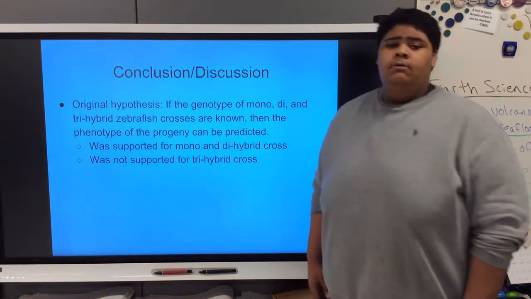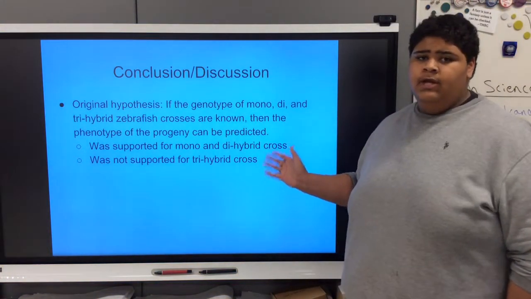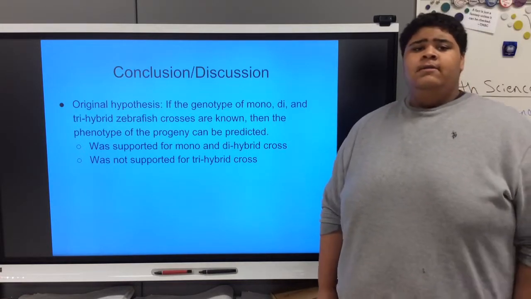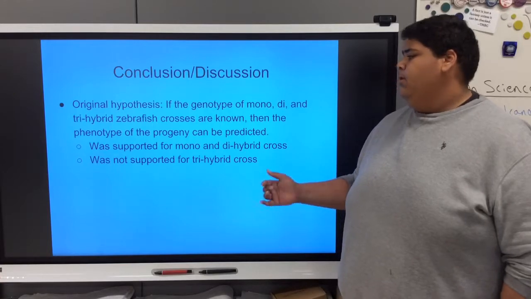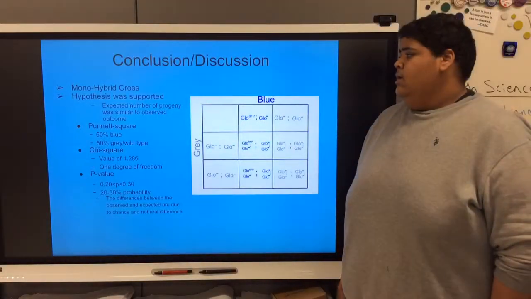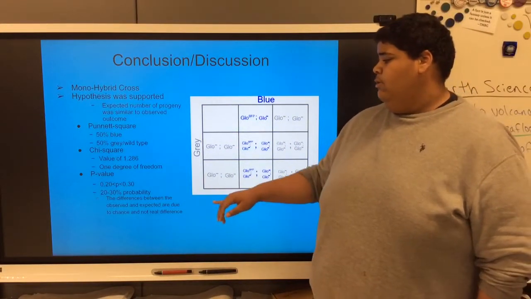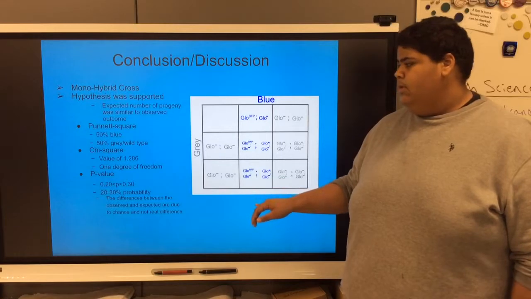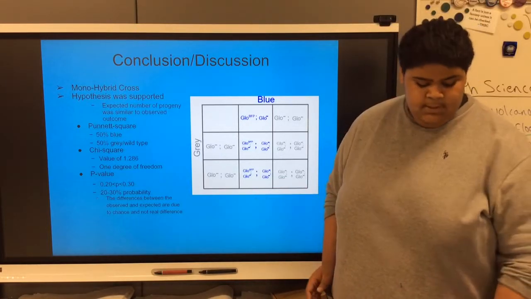My original hypothesis was, if the genotype of the mono-, di-, and trihybrid zebrafish crosses are known, then the phenotype of the progeny can be predicted. My hypothesis was supported for the mono and di, but not the tri. Looking at the monohybrid, I got a 20 to 30% probability that the differences between these numbers were due to chance and not real differences.